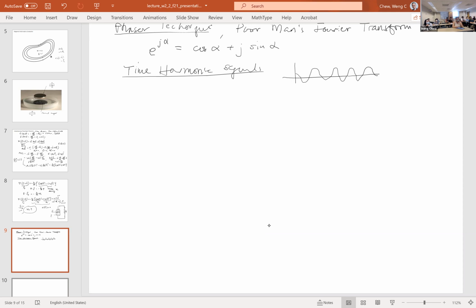Okay. All of you have some concept of what the time harmonic signal is. But if you were to talk to an optics guy, he doesn't call it a time harmonic signal. He calls it a monochromatic signal. The word is very colored, right? Monochromatic means that it has only one color. If it has only one color, it means that it has only one frequency.